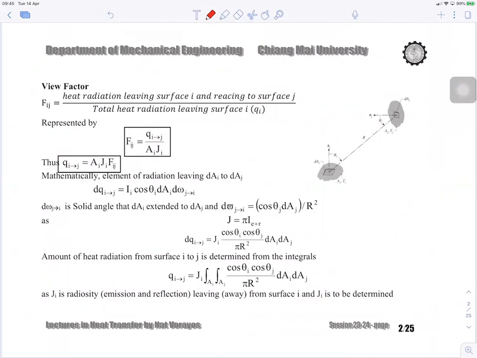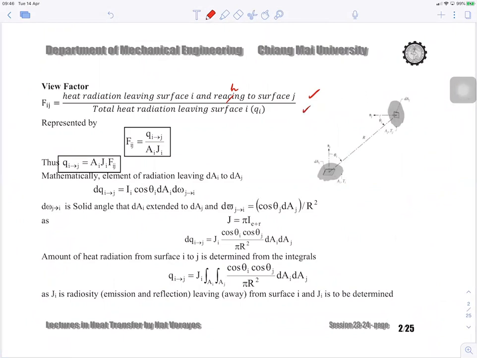By having that in mind, the view factor is defined as a ratio, specified by the heat radiation leaving surface i and reaching surface j, over the total amount of heat radiation leaving surface i.